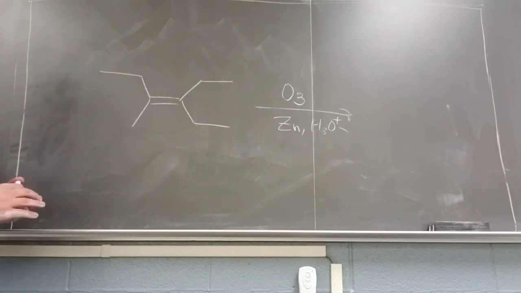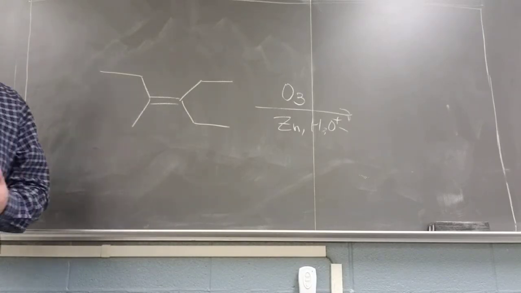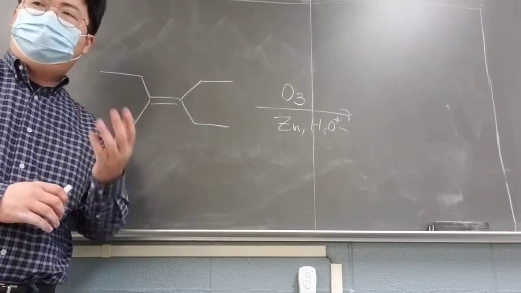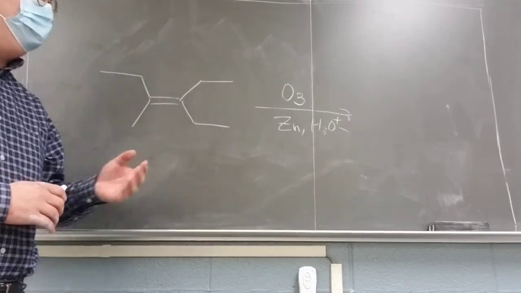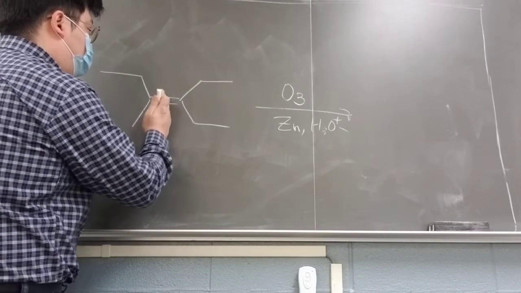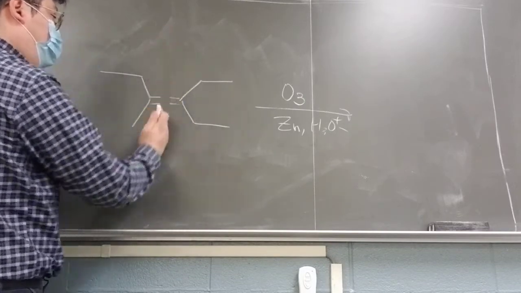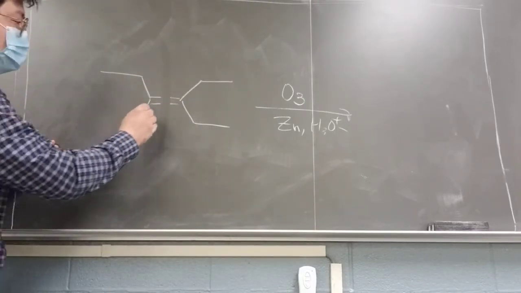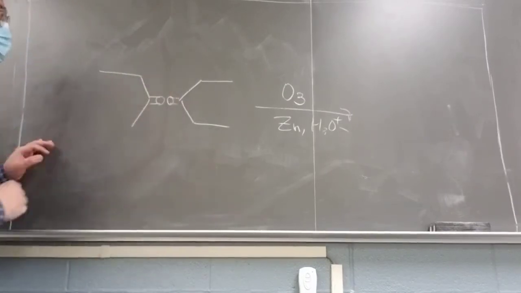As I mentioned before, they go through ozonide and breakage by the workup condition. But what you actually need to do is just cut this in half where you have a double bond, and put oxygen. That's it.